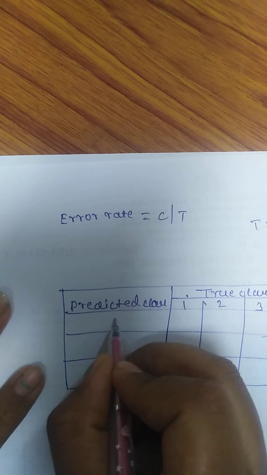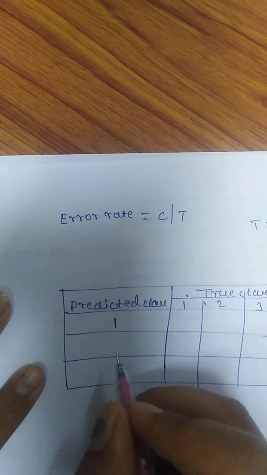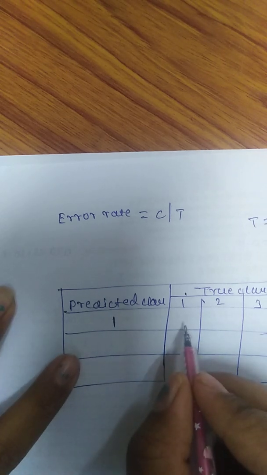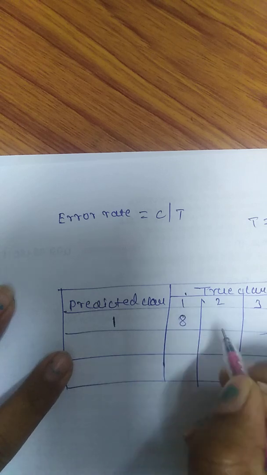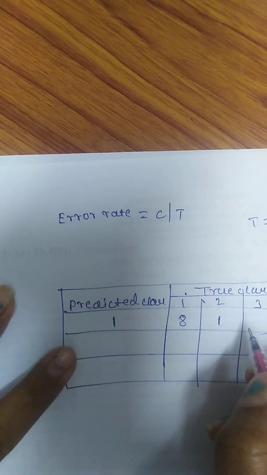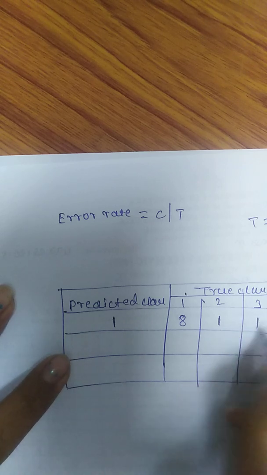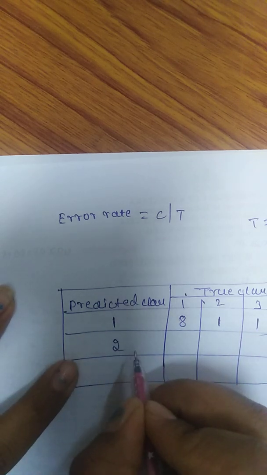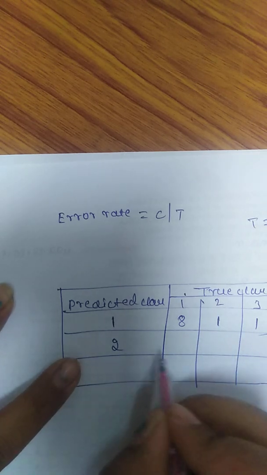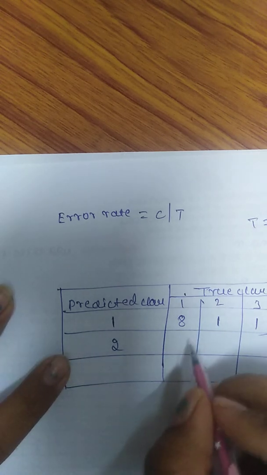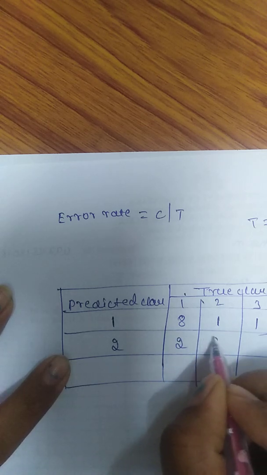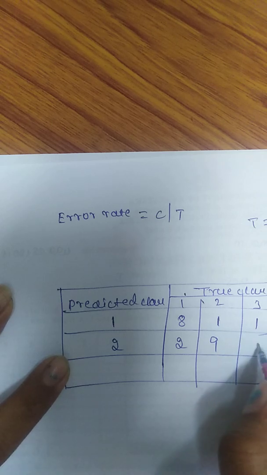Maybe today I will take one class. For the first class, the true class will be going on, 8 classes. Then second hour, one class. Third hour, one class. Second day, predicted classes, I will predict 2. Then second day 9, third 2.